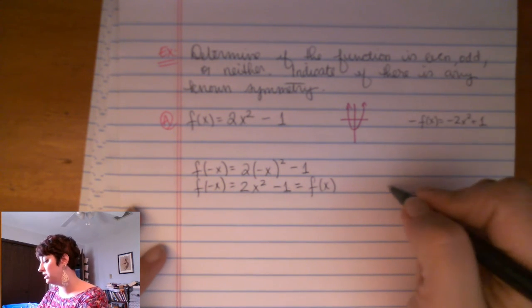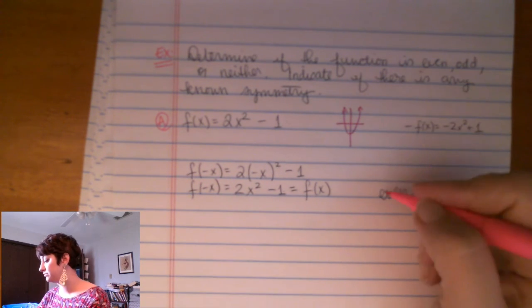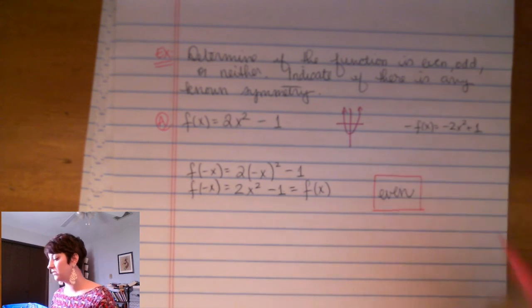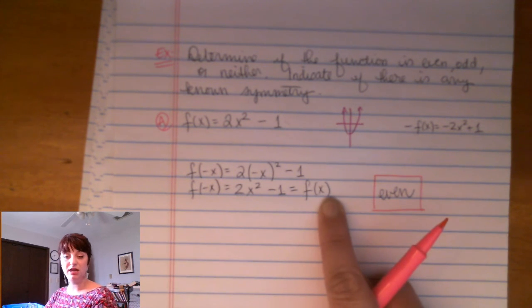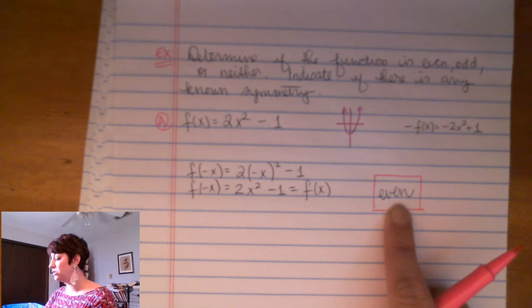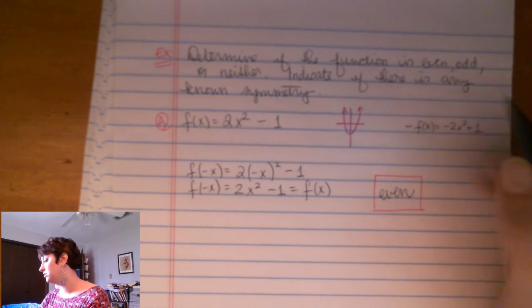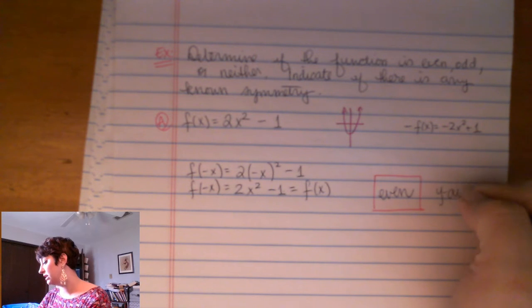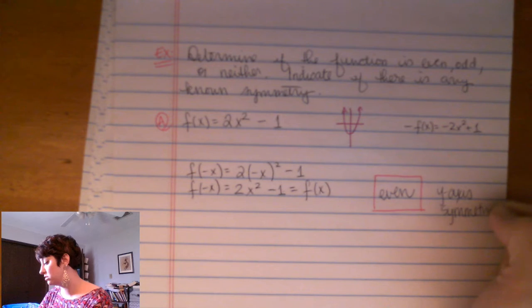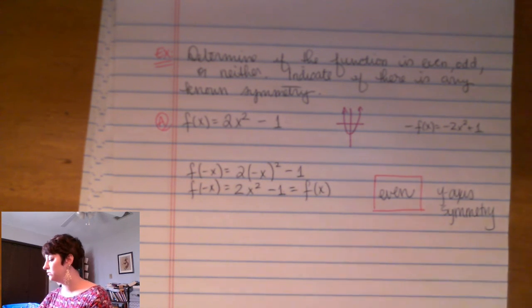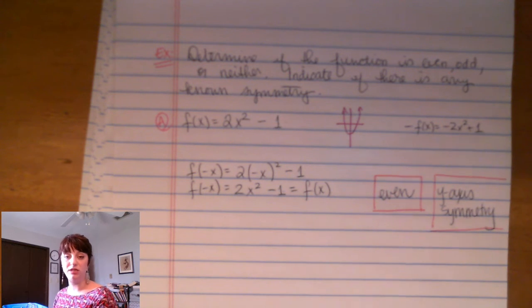So this is even. I wrote f of negative x. It gave me the exact function I started with, so it is even. And since it's even, it has y-axis symmetry. So this thing ignores negatives.